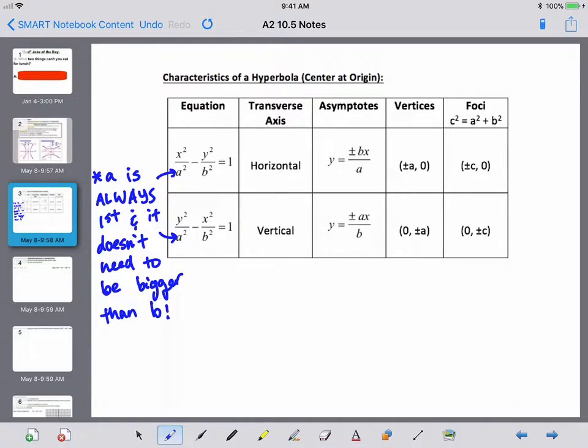Alright. Another key thing that you guys need to be aware of is that these equations even look very similar to equations for ellipses. But it is minus instead of plus. So instead of adding the two terms, you subtract one from the other.